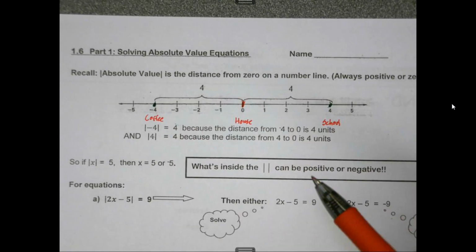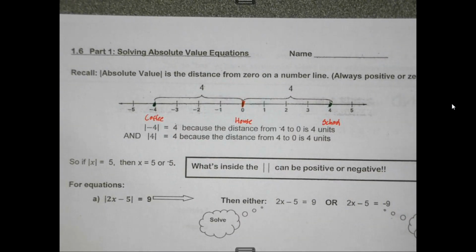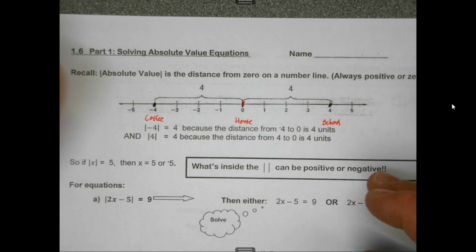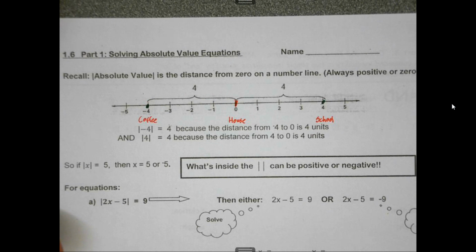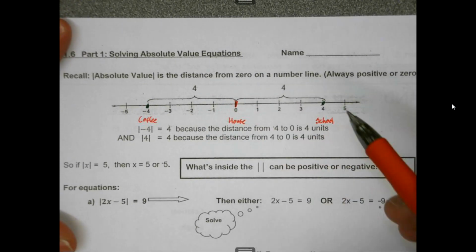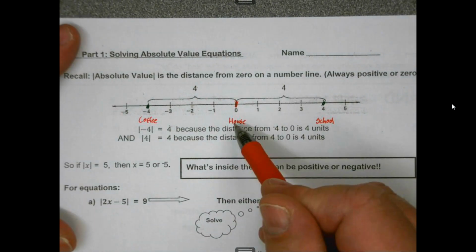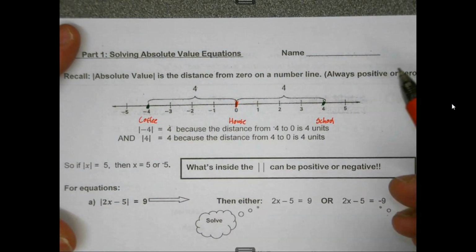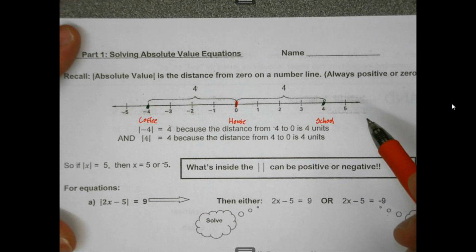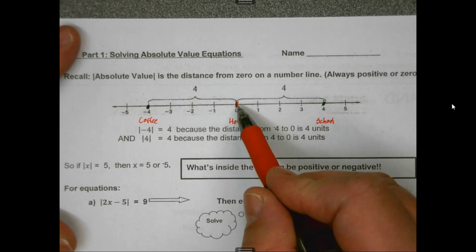Remember back in geometry, this is a big concept for distance: we don't go a negative distance. I always have a student tell me, well, Mr. T, what if I walk backwards from the house to the coffee shop? Wouldn't that be a -4 distance? I'm like, no, you just went a +4 units walking backwards.